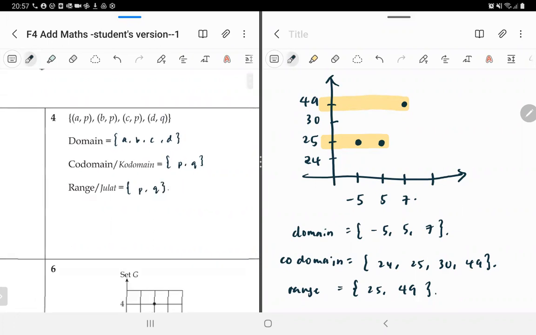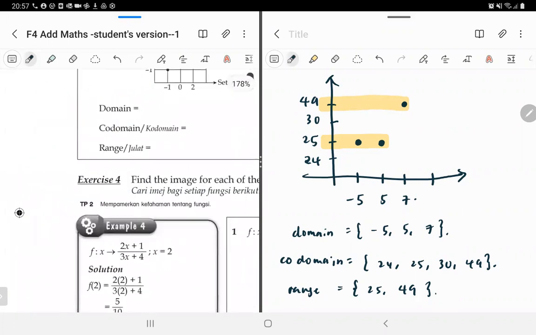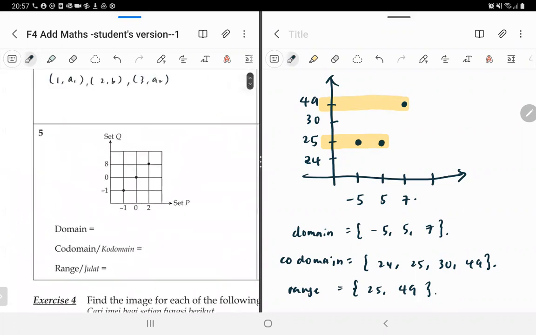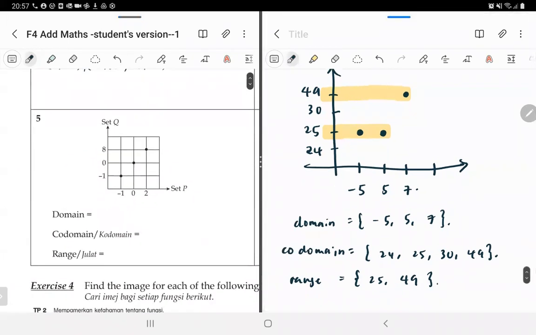Okay, next one. Discrete data. Like this one, dot, dot, dot. By referring to the graph here, what are the domain here? Yep, correct. It is -1, 0, and 2.